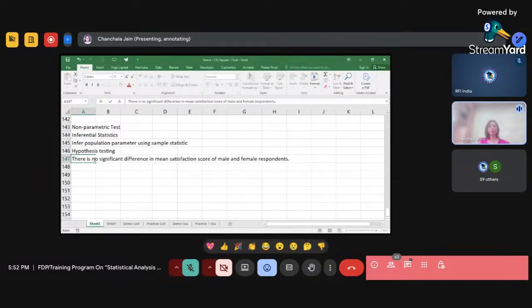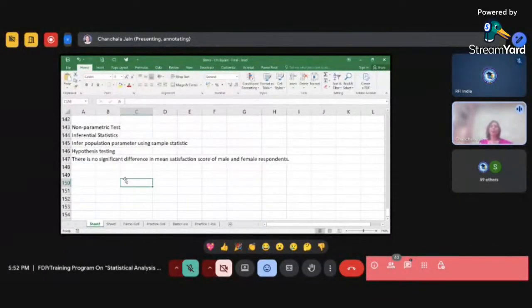Although I have not mentioned in what context I'm talking about satisfaction, whatever context you take, satisfaction for any product or any service, you can mention that. Broadly, I'm saying there is no significant difference in the mean satisfaction score of male and female respondents.